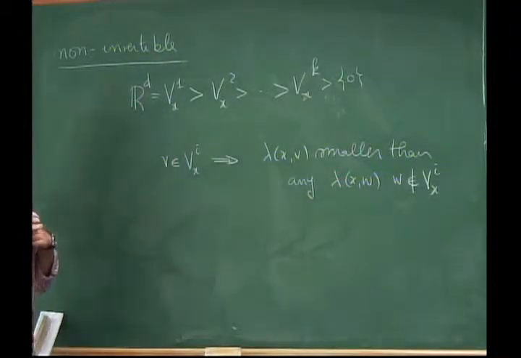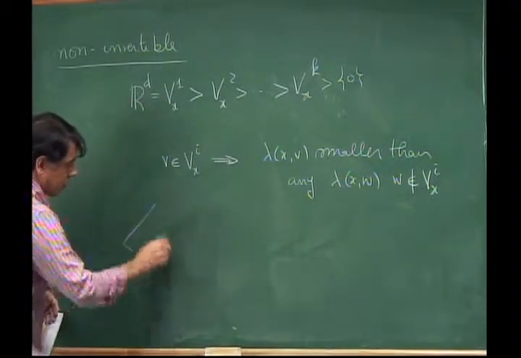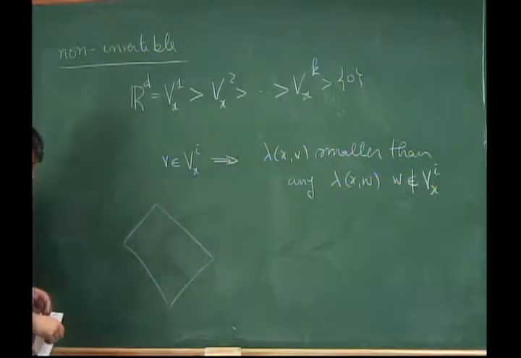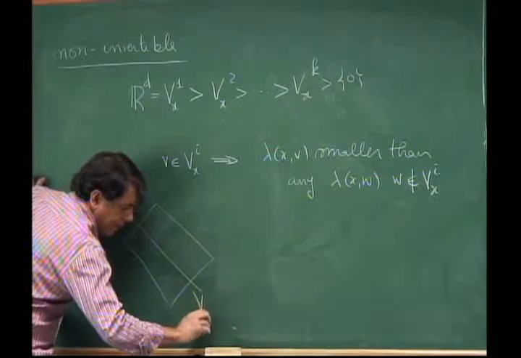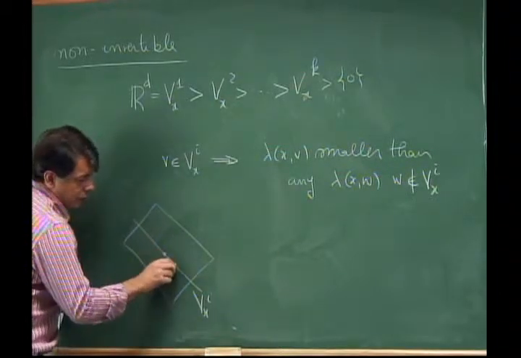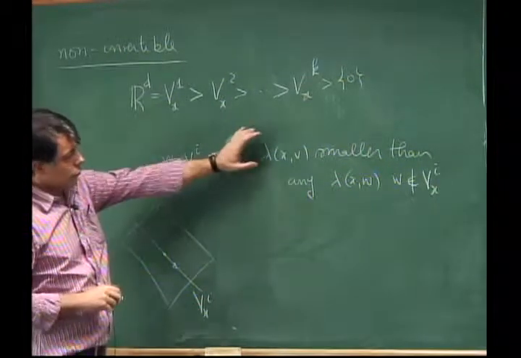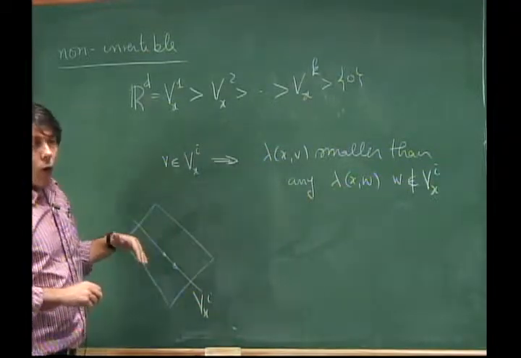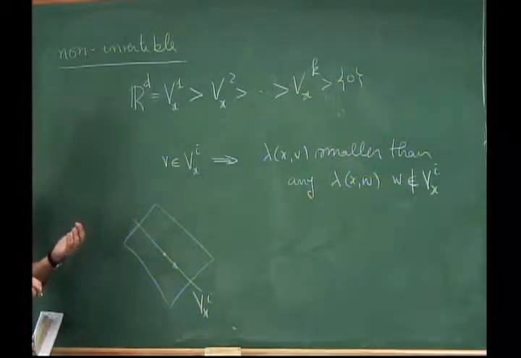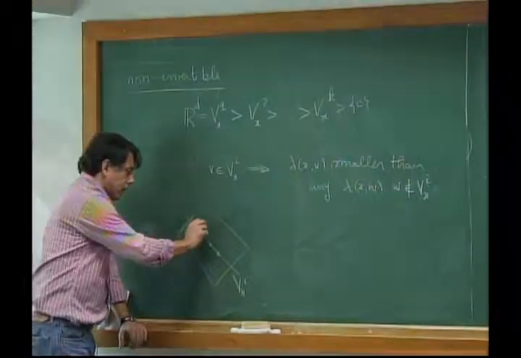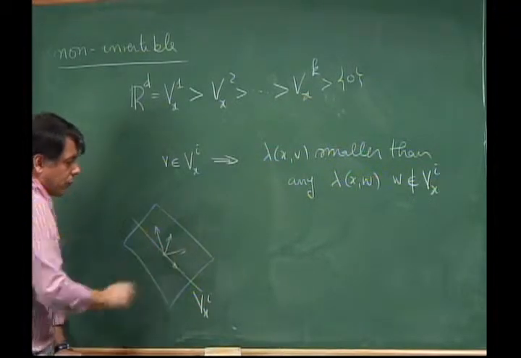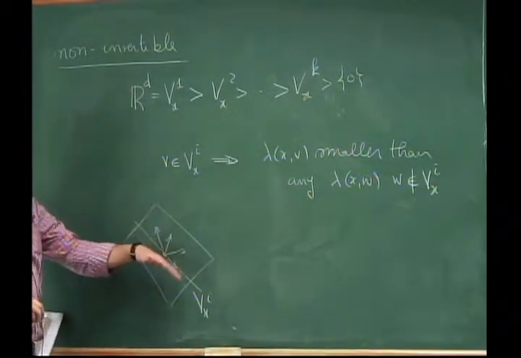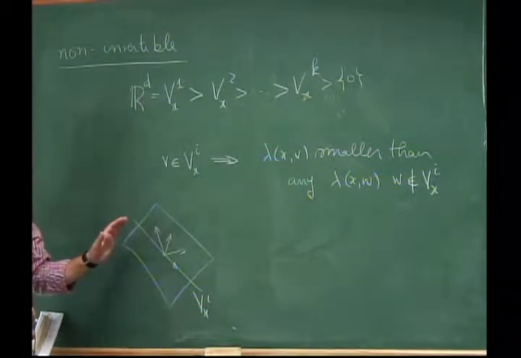So the subspace Vxi is such that if you take a vector inside, it will grow slowly, whereas all the other vectors outside grow faster. So outside, there's no way we can tell the difference between any of these vectors in terms of growth, because they all grow at the same speed.